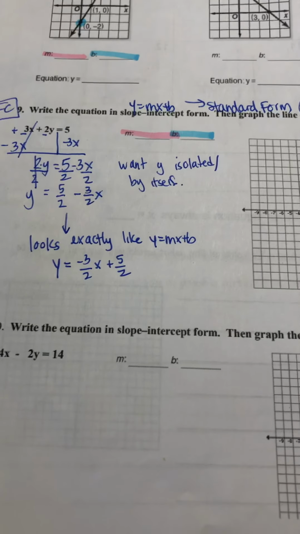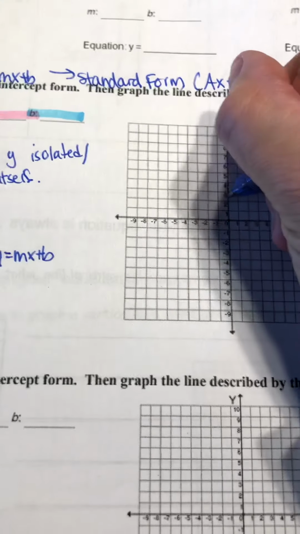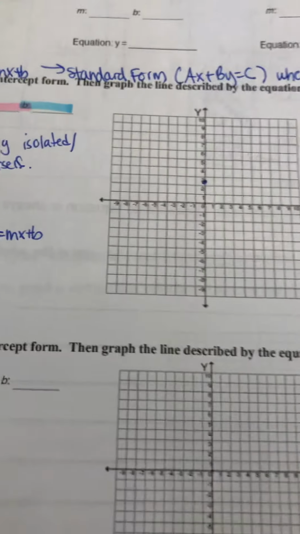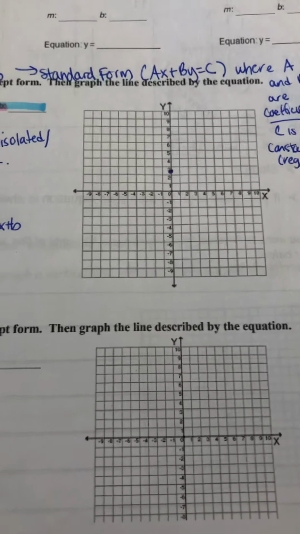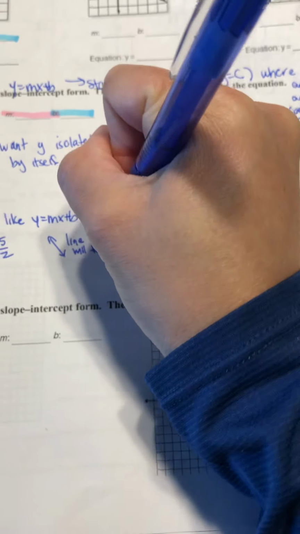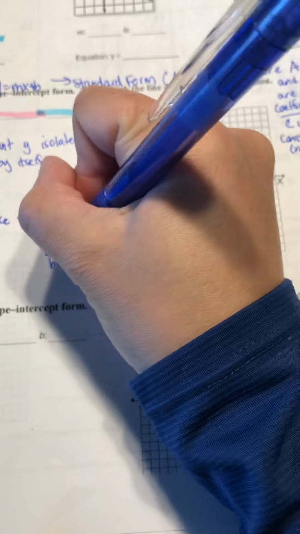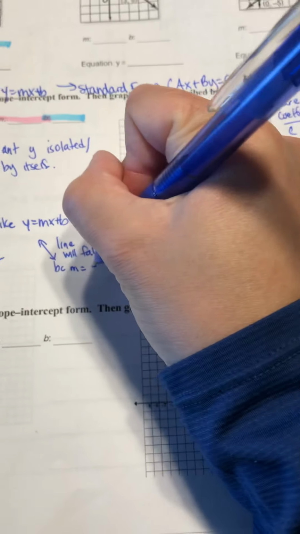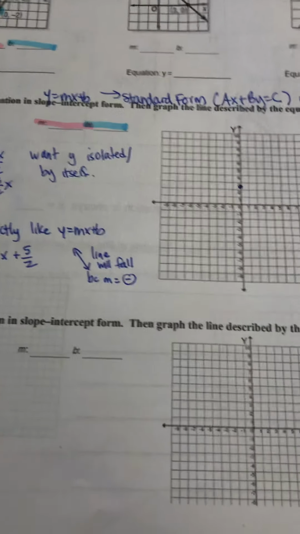I can see that that y-intercept is 2.5. I'm going to go to 2.5. Would have been nicer if it was a whole number, but we can work with 2.5. Our slope, -3 over 2. I know that that line will fall because m is negative. My slope is negative.